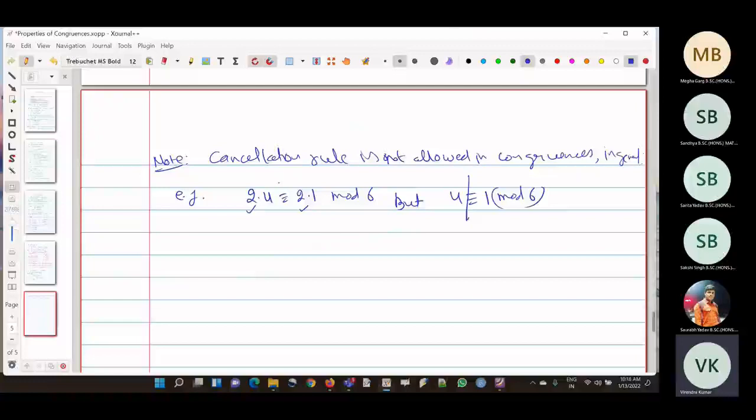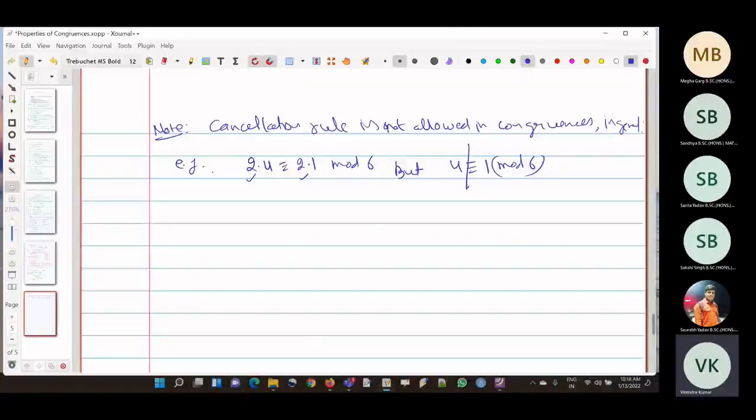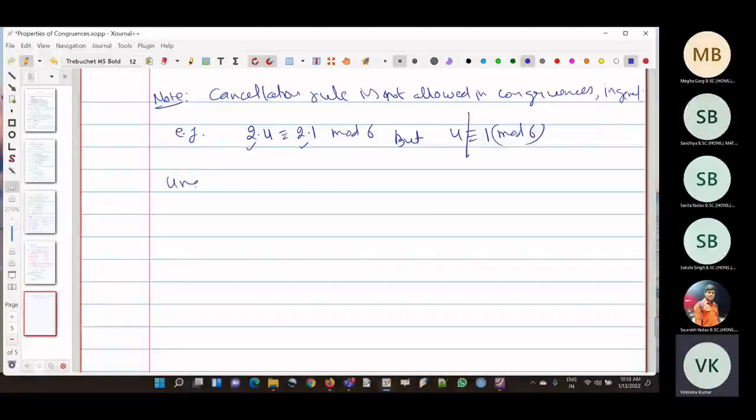Okay, but under certain conditions, cancellation can be done. So what is that condition? The condition is written in the next theorem.